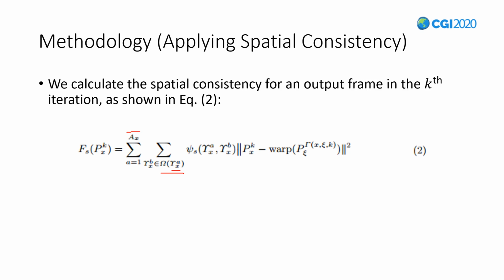To maintain the spatial consistency between regions, we decrease the difference between the output frame and its respective spatially corresponding frame. This term is an adjacent region of this term. Finally, we retrieve P_x by warping its spatially matching output frame.